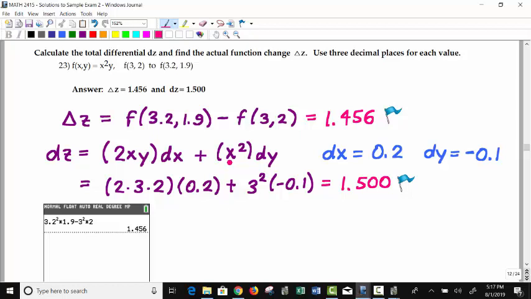You just take the second x value minus the first x value. So 3.2 minus 3 is positive 0.2. 1.9 minus 2 is negative 0.1. So remember, they can be negative. That one, the y went down.